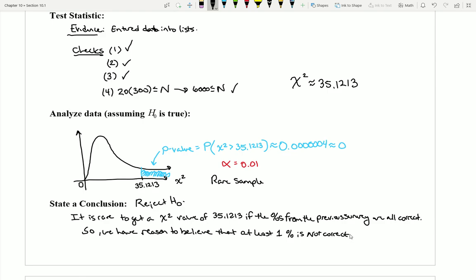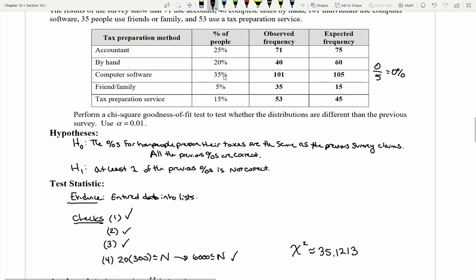Now notice we don't know which of the original percentages we're thinking might not be accurate. Maybe one of them, maybe multiple, maybe all of them. But we're definitely siding on they're definitely not all perfect. Maybe some of them are. Maybe some of these percentages are okay. But we're not confident that all of them are okay. And that's where we're ending our test.